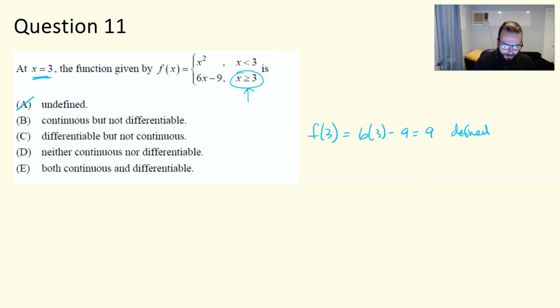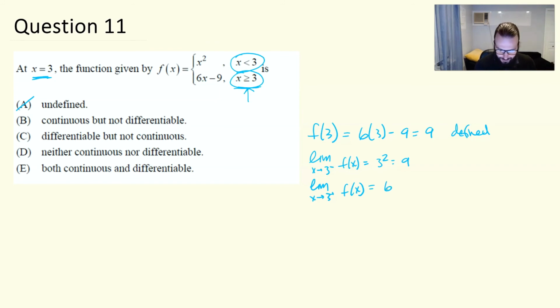And we can pretty easily figure out if it's going to be continuous by checking the left-hand and right-hand limits as x approaches 3. For the left-hand limit, we're going to use the part of the domain that's the left side, so less than 3, so it's going to be 3 squared, which is 9. And the right-hand limit we actually already did inadvertently here, because the right-hand limit is going to include the part of the function that is defined to the right of the 3.